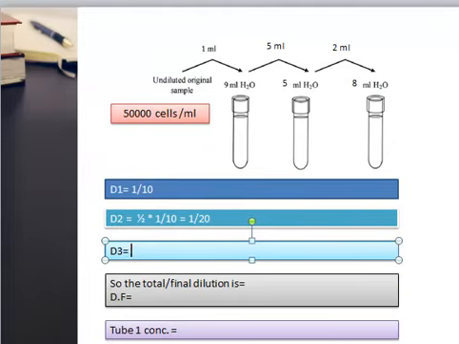Dilution 3 can be calculated as follows: 2 over 10, which is 1/5, multiplied by 1/20.